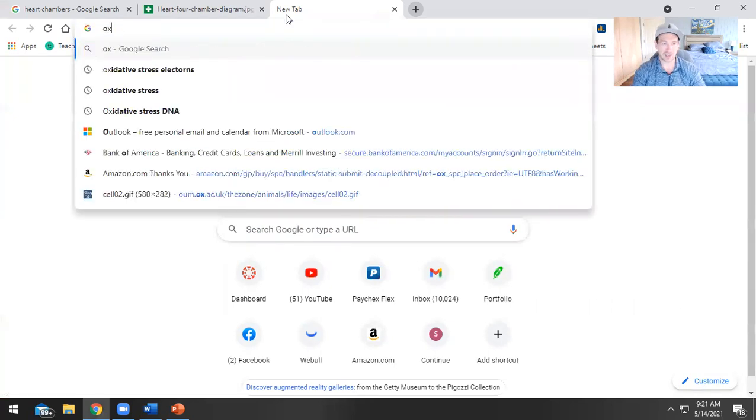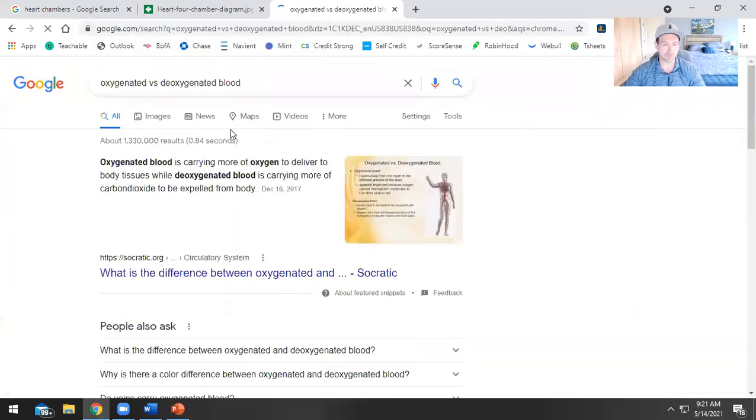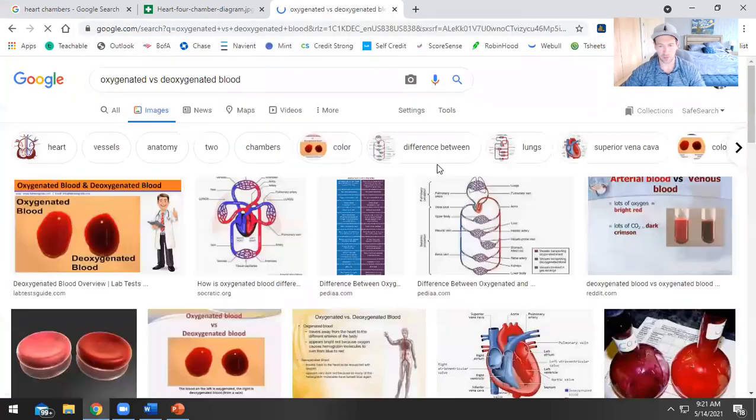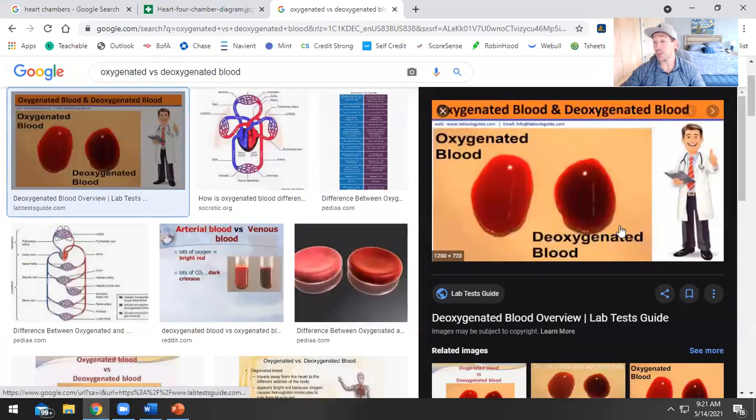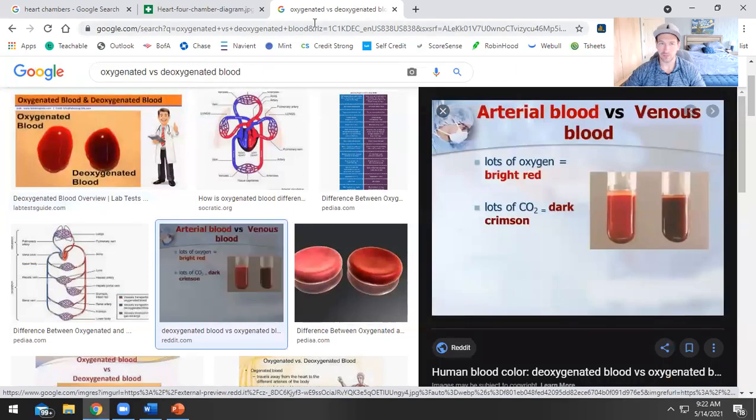So if we look at oxygenated versus deoxygenated blood, you can see a picture. It's not a huge difference, but it is distinct. You can see this is brightly colored, this is darkly colored. This is the blue. This is the true red there. There we go. You can see that works a little better.